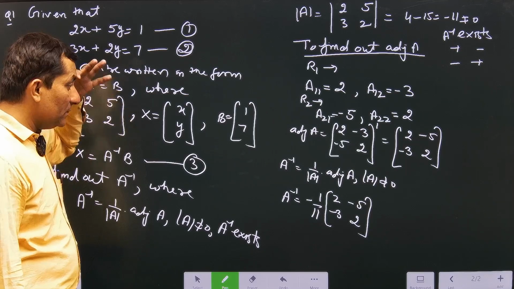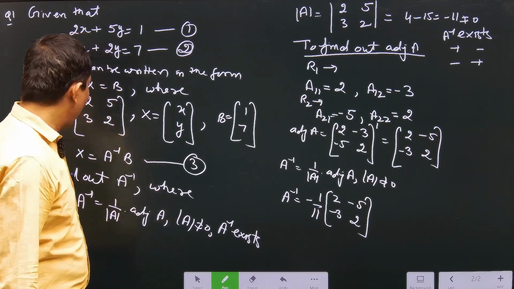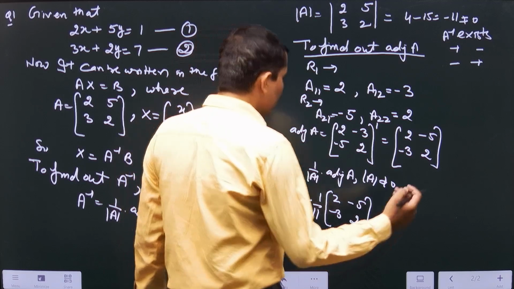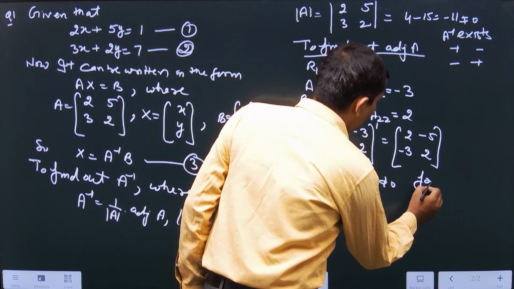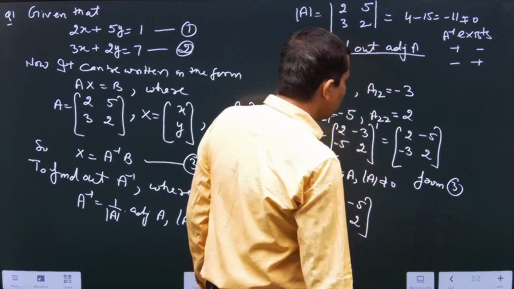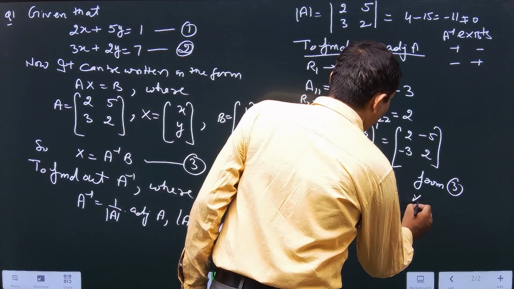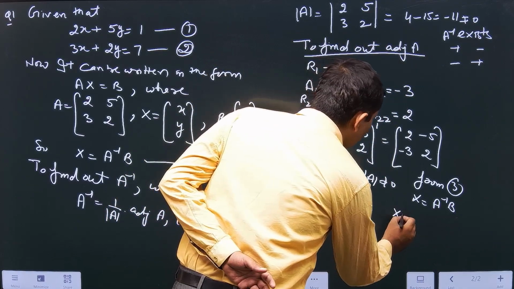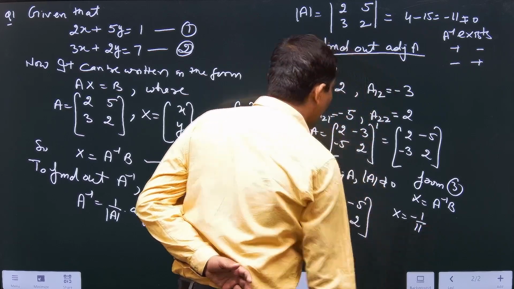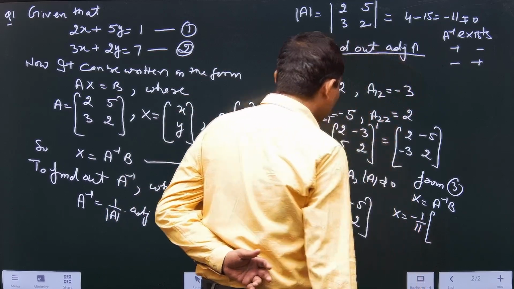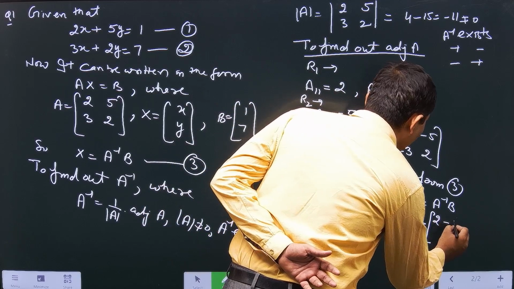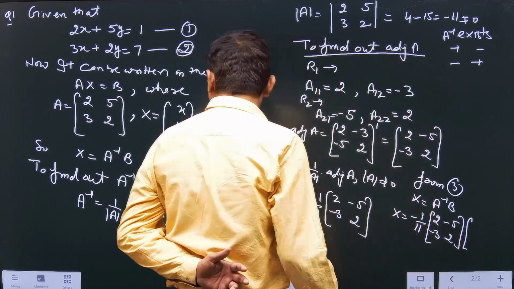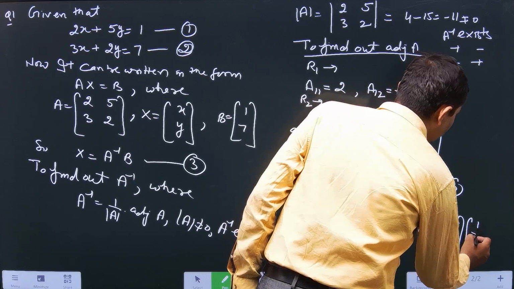And now from the third equation, X is equal to A inverse B. So X is equal to minus 1 upon 11 into the matrix 2, minus 5, minus 3 and 2, post multiplied with the elements of B, that is 1 and 7.